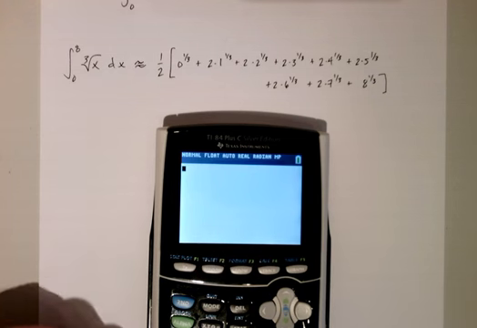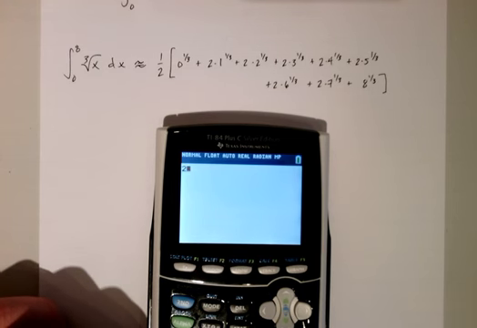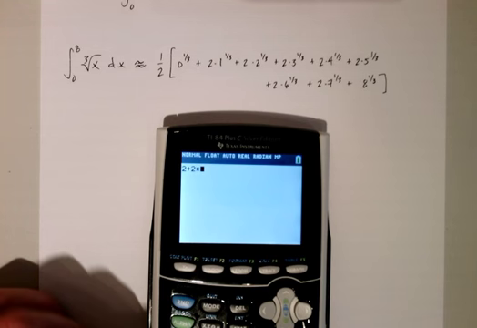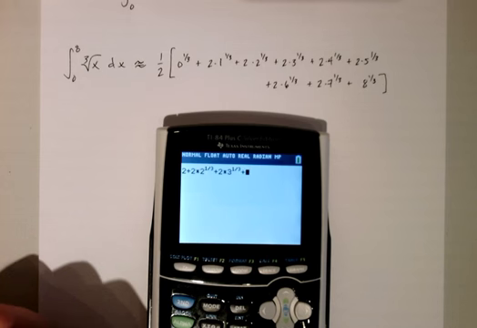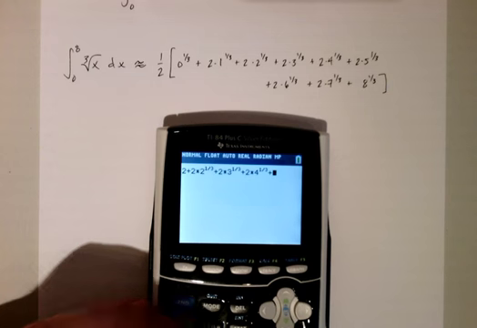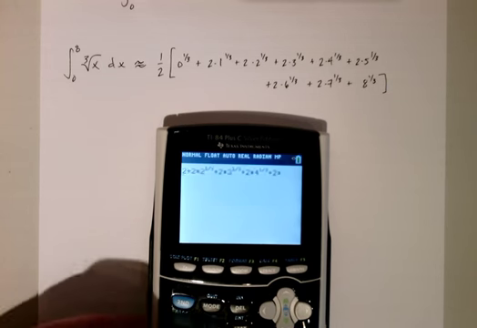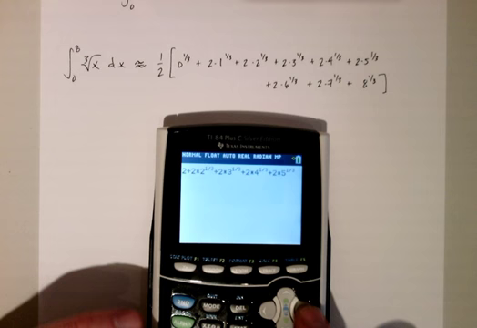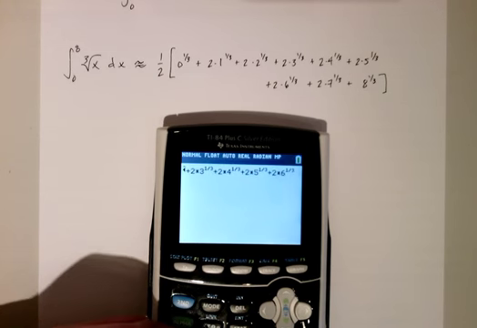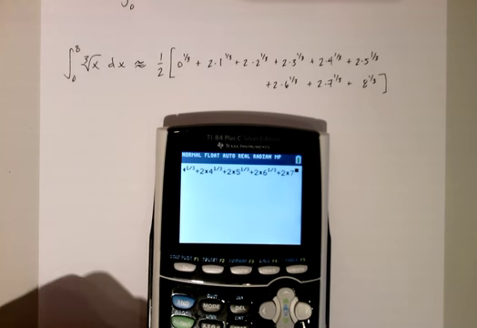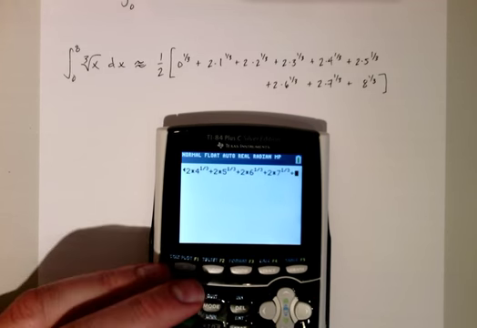Now, I know that it's going to be 2 plus 2 times 2 to the 1/3 plus 2 times 3 to the 1/3 plus 2 times 4 to the 1/3 plus 2 times 5 to the 1/3 plus 2 times 6 to the 1/3 plus 2 times 7 to the 1/3 plus 8 to the 1/3, which is actually 2.